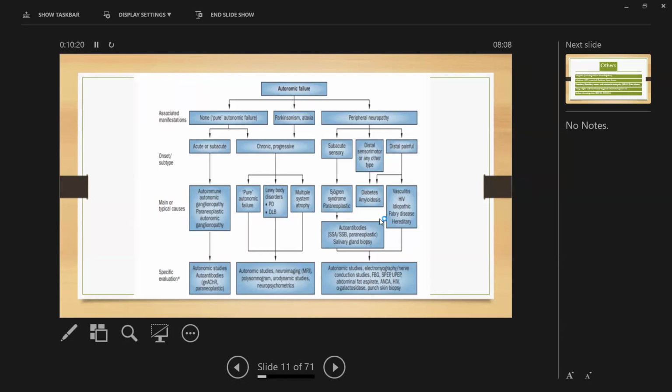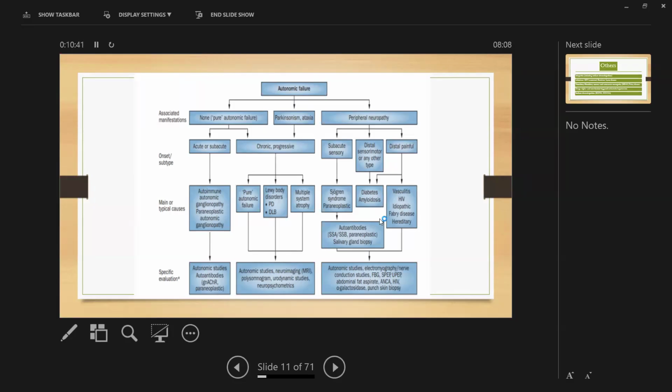As we all know, in a subset of Parkinson disorders, multiple system atrophy and Lewy body dementia are associated with some autonomic disturbances. This is a chronic degenerative process leading to multiple system atrophy along with a degenerative autonomic process also. So autonomic failure can accompany this.